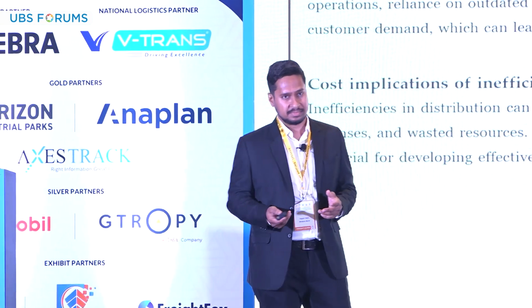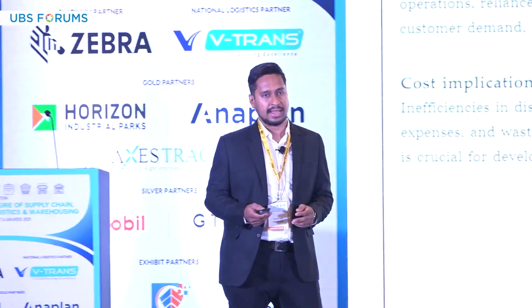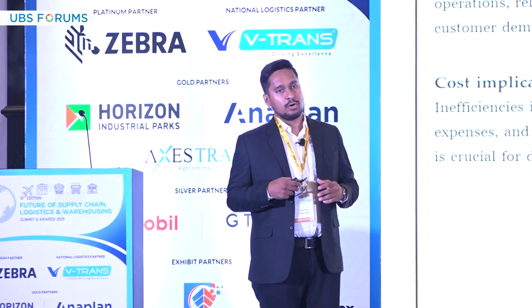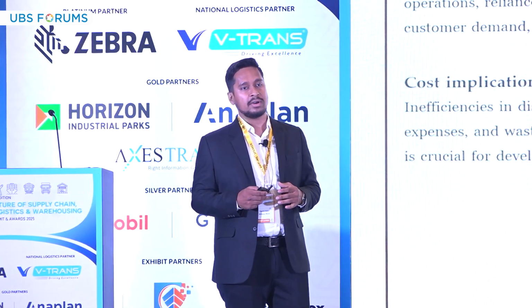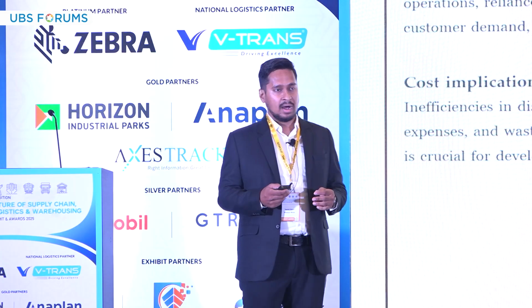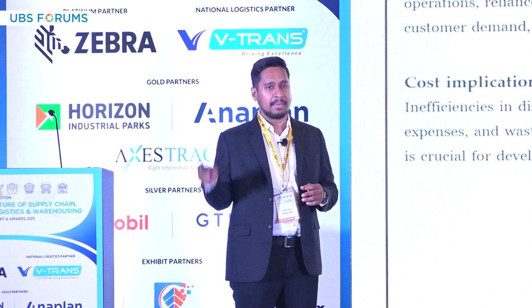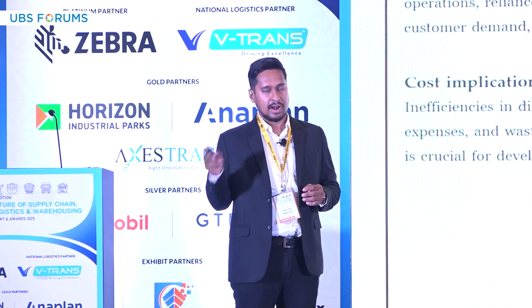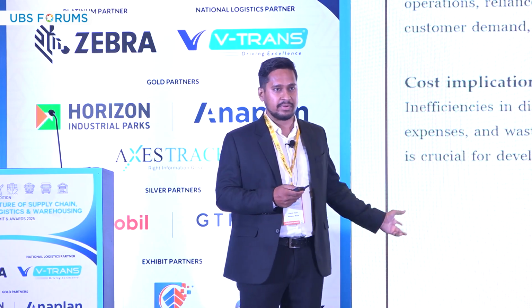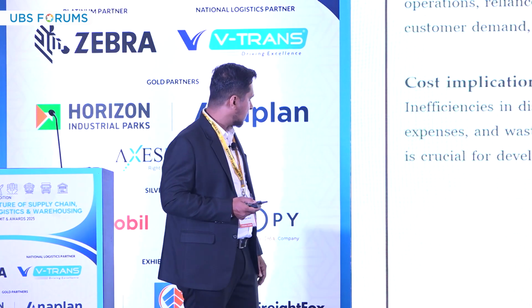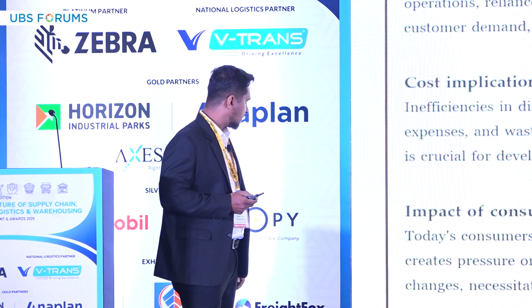It erodes your margin because your operational cost is high. And therefore, to reduce the operational cost, how distribution network helps you to revamp, how distribution network helps you to optimize your complete warehousing operational cost, that is something which we will see in the case study that we are going to delve into.